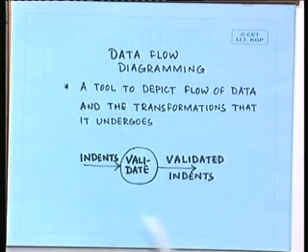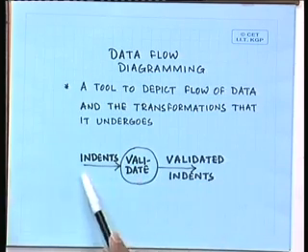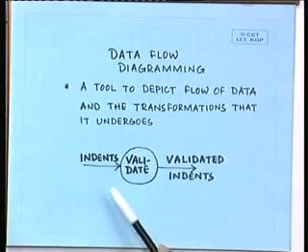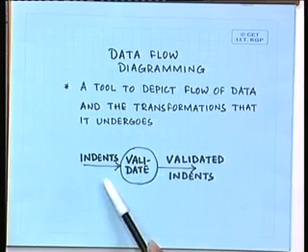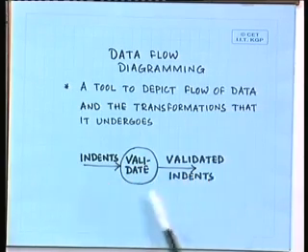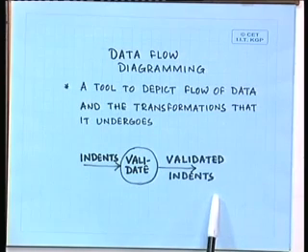So, if you look at this particular diagram, you will see that the indents are going through a process of validation, and we are having what is known as validated indents.